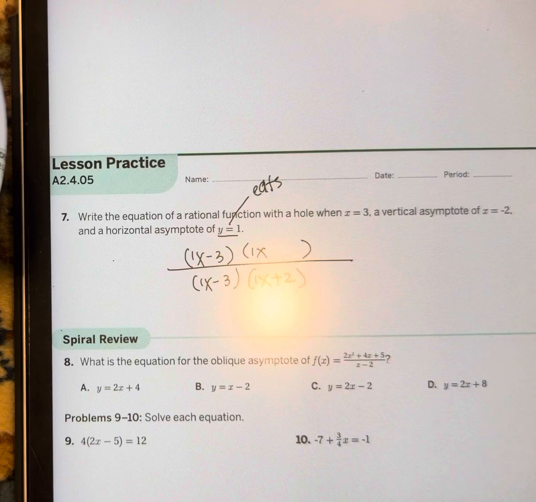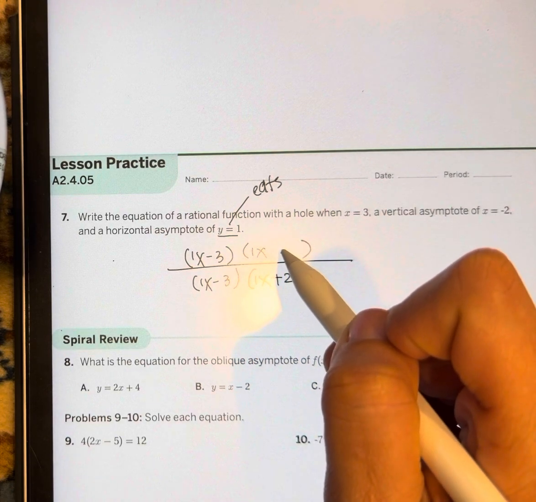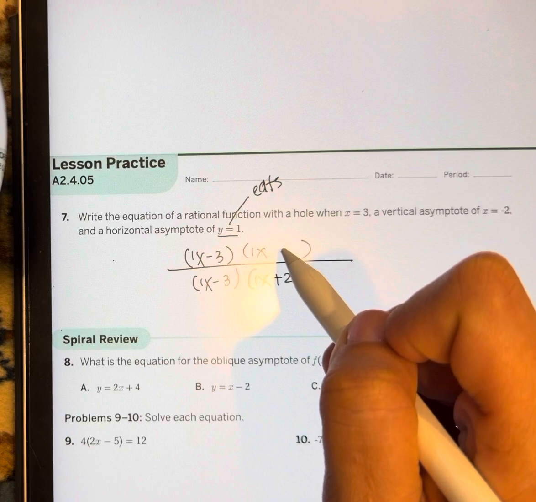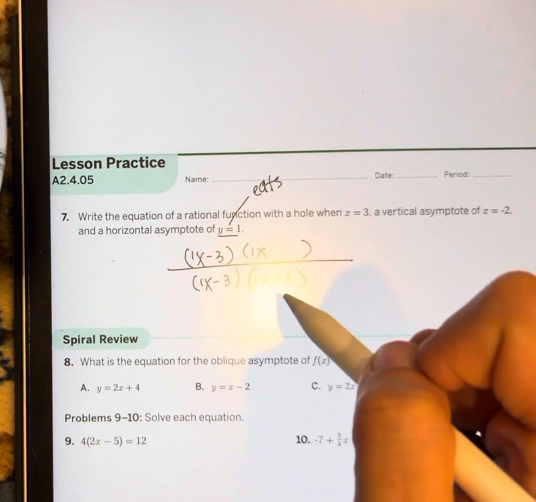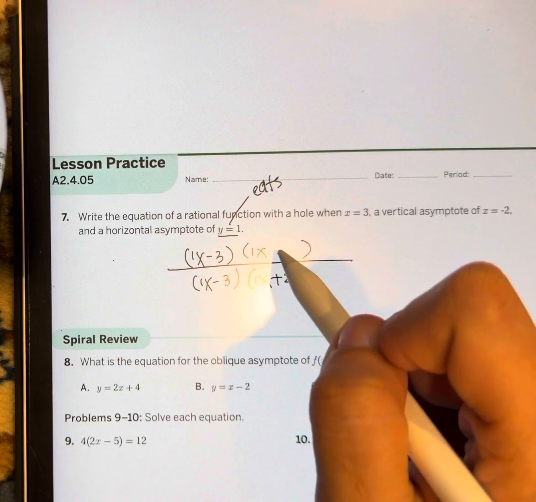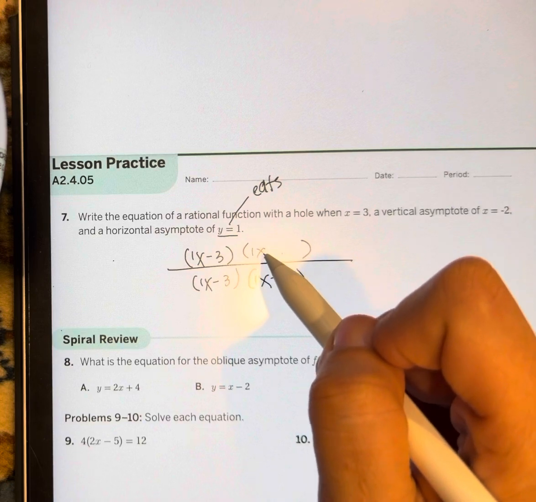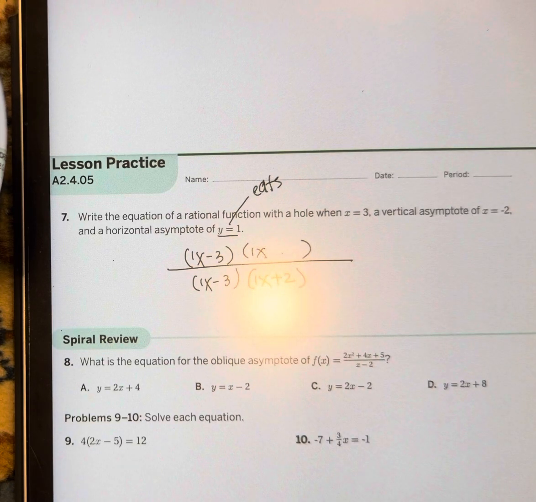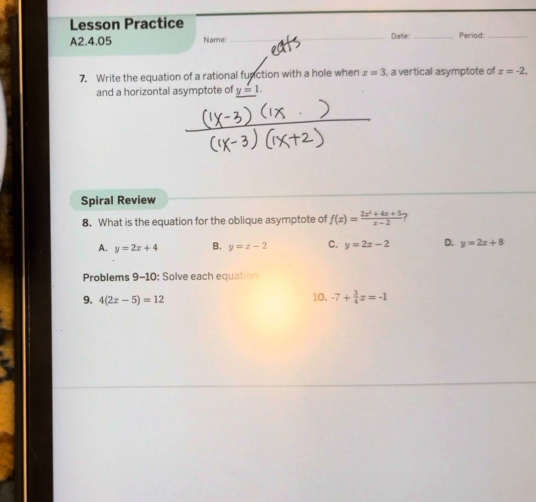And that's good enough. You can add something here as long as it's not like -3 or +2. You could put something else here, or you could leave it just x, and that would be fine.